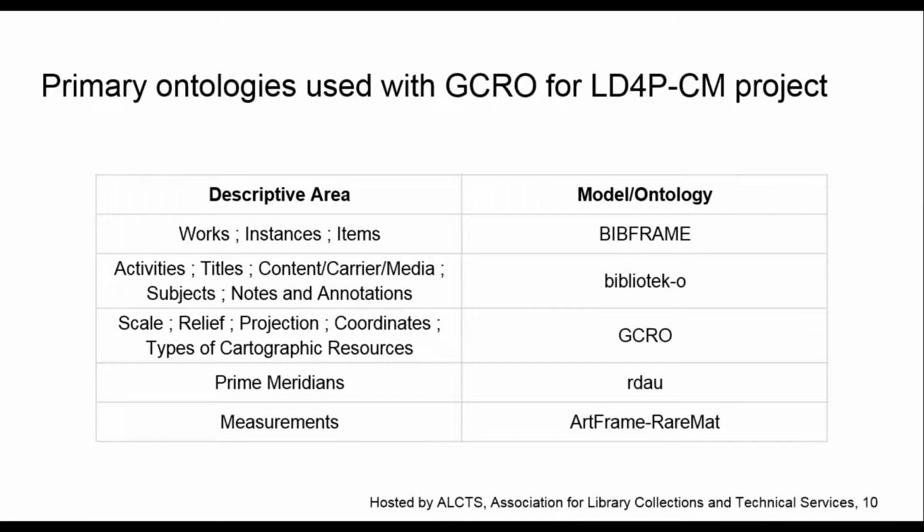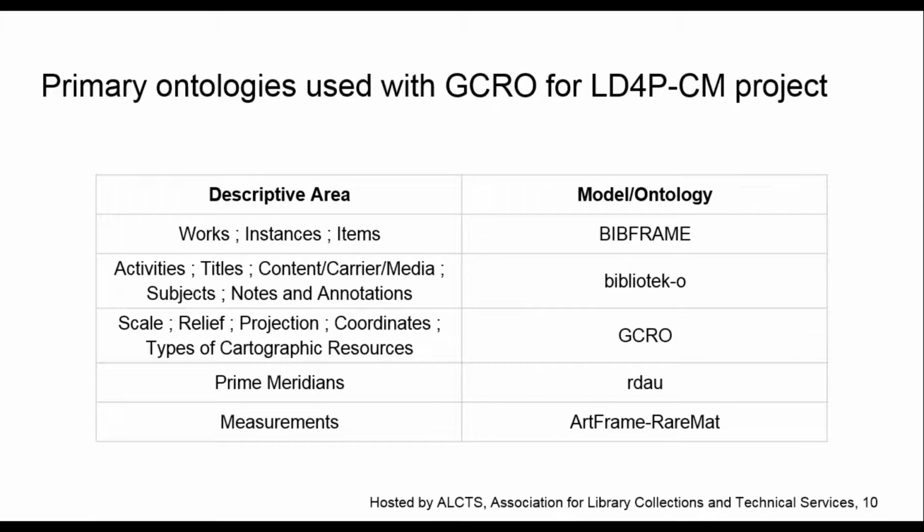As well, we intend to use parts of RDA, and even other parts of the LD4P. The art frame and rare materials group has been working on a measurements model, which we'd like to reuse for cartographic materials as well.